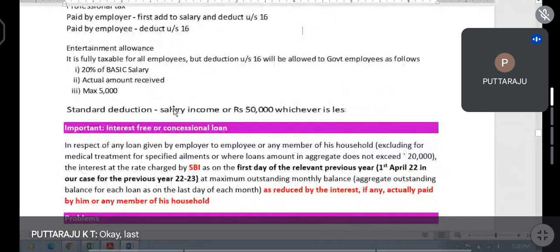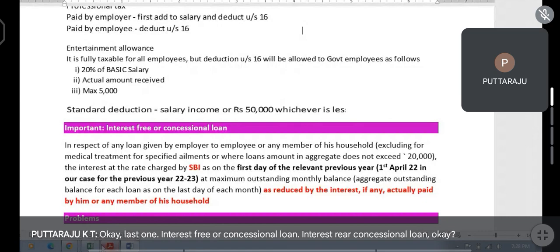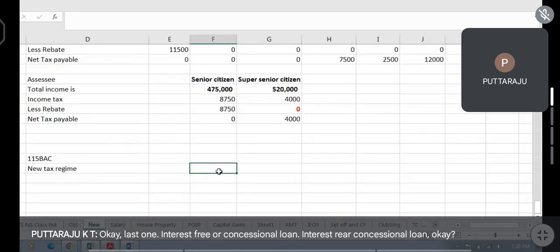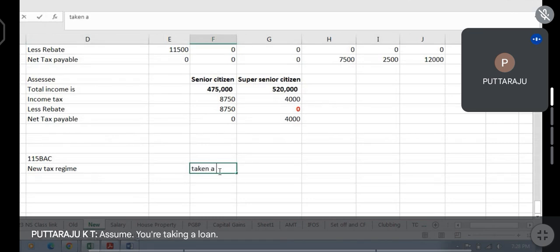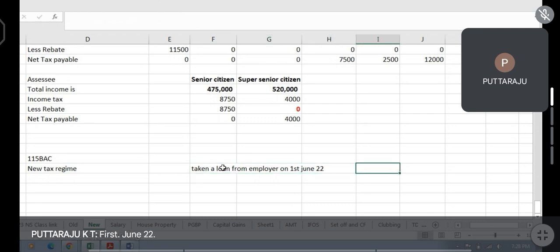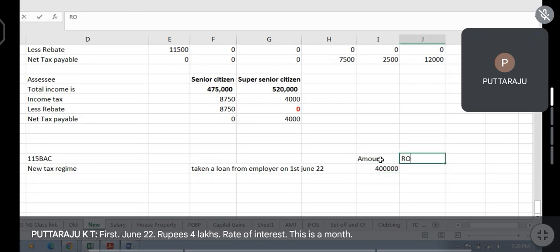Okay. Last one: interest free or concessional loan. Assume you have taken a loan from the employer on 1st June 22, rupees 4 lakhs, rate of interest 6%, assume.